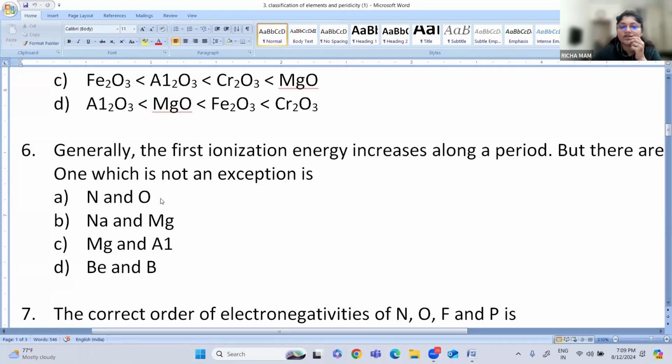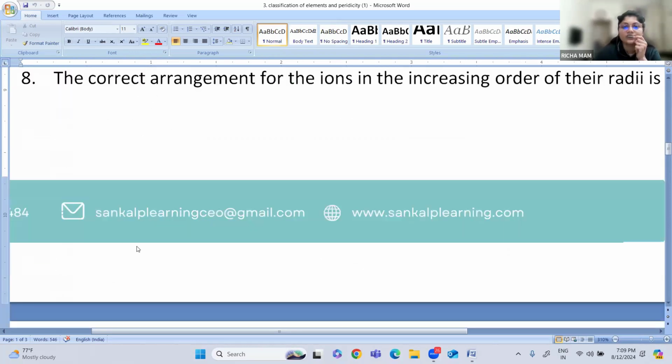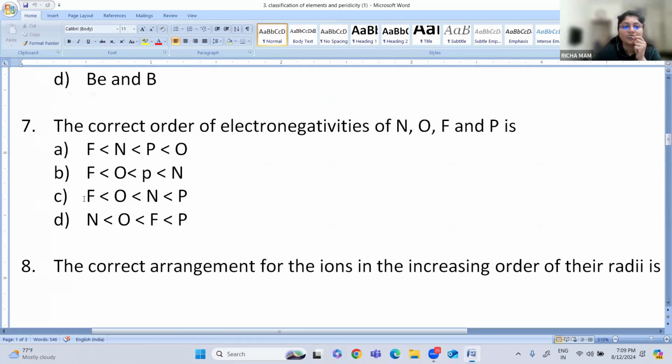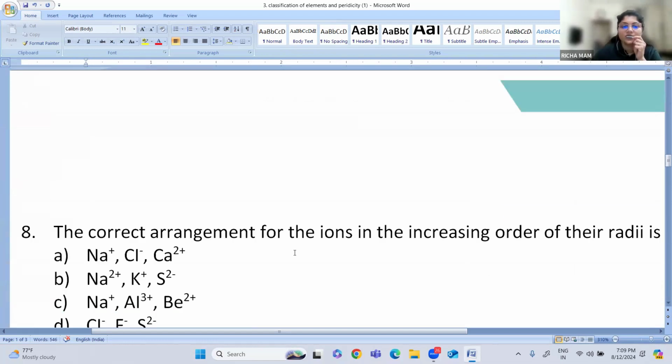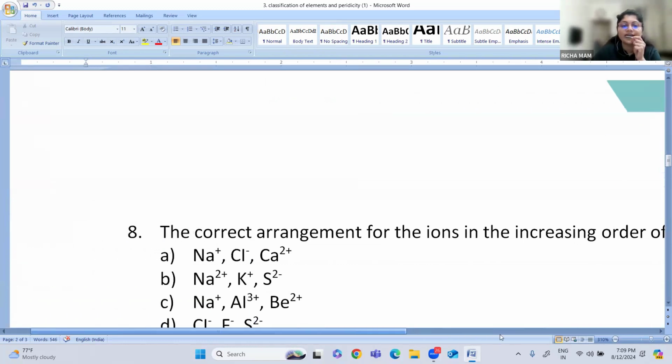This is about electronegativity. Now let us see atomic size. Next question: the correct arrangement of ions in the increasing order of their radii is.